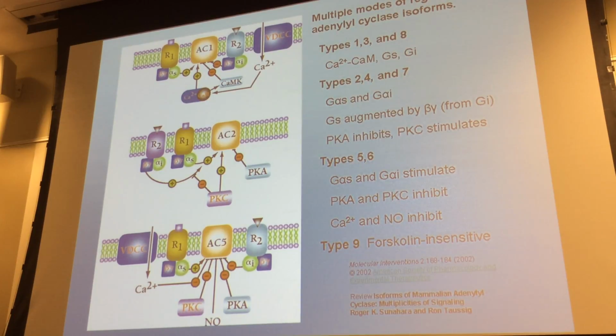And then we kind of jumped up and said it might be type 1, 3, or 8 because calcium's present, and then when an agonist stimulates, we have an increased response, so we thought it was 1, 3, or 8. Okay, but is calcium there? Isn't the ionomycin allowing calcium to enter the cell?